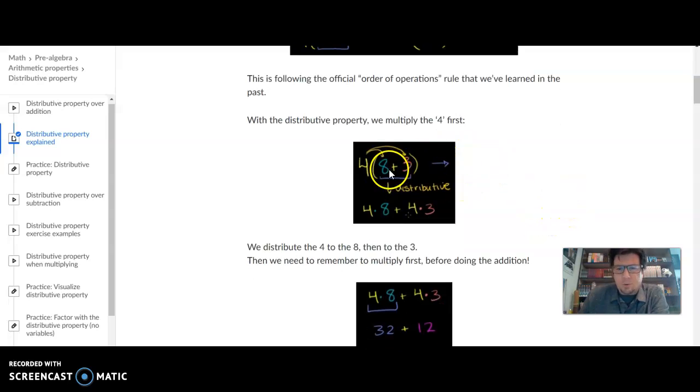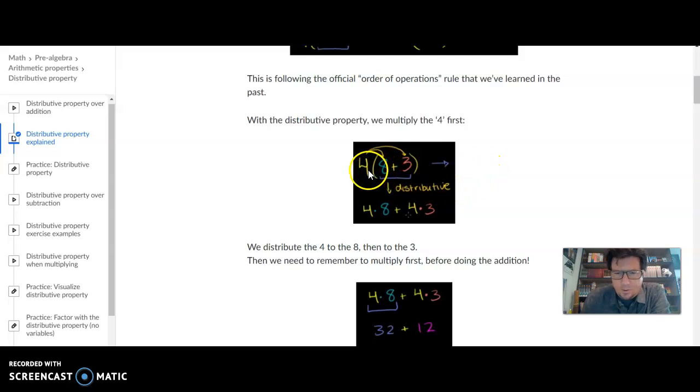When you do the distributive property, I want you to look at this. Basically, instead of adding these first, it shows that you can multiply both of them by 4, then add them, and come to the same answer. That's called the distributive property.